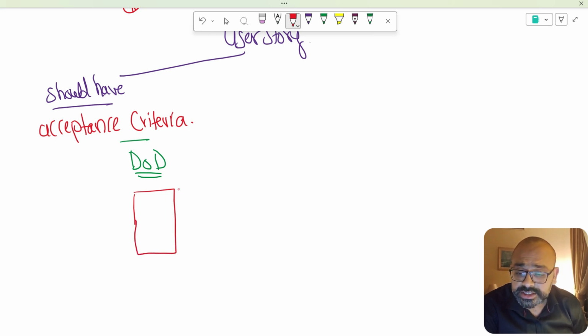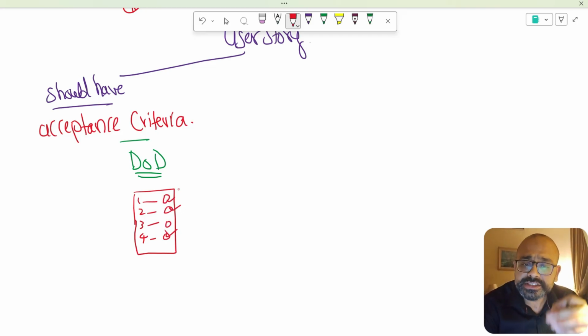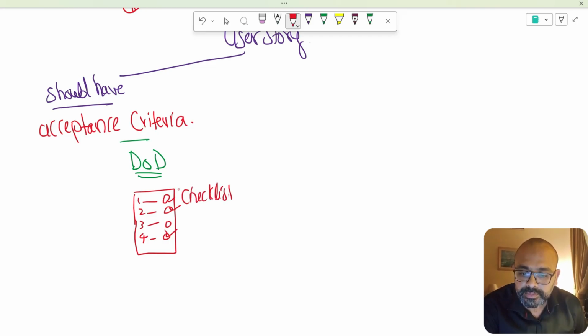What is a checklist? A checklist is like you have these numbers with boxes and you tick mark so that you know if anything is missing or not. Checklist, this is the idea of the word checklist. So DOD is a checklist.